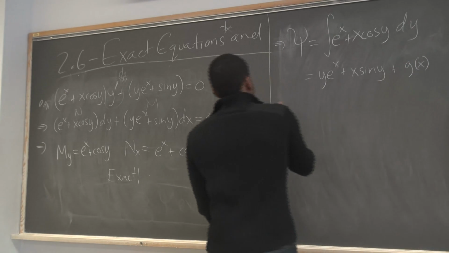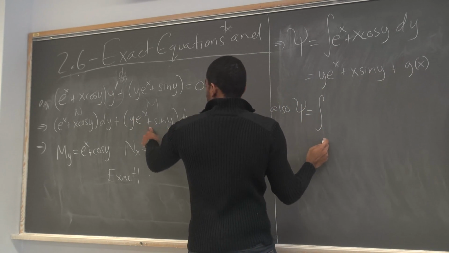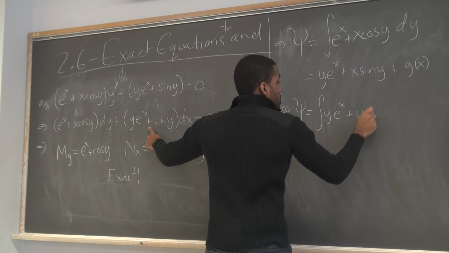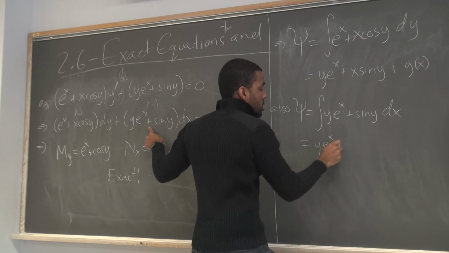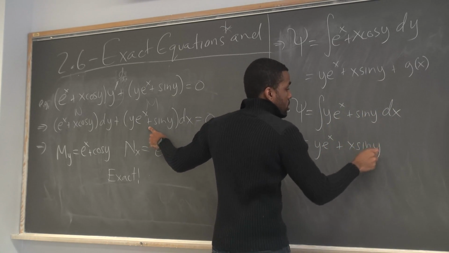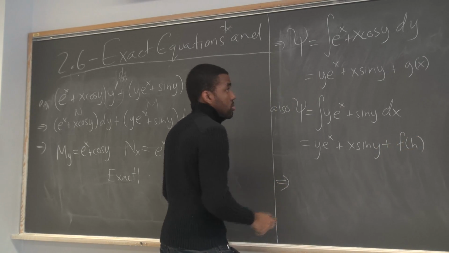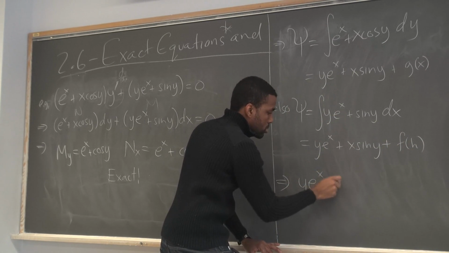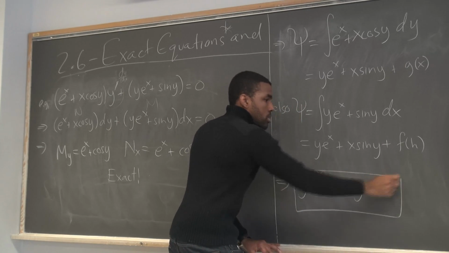Right? And then also psi is equal to the integral of this one with respect to x. Which is just y e to the x plus x sine y. Which is just a repeat of that, so I just write down one of those. That's our solution.